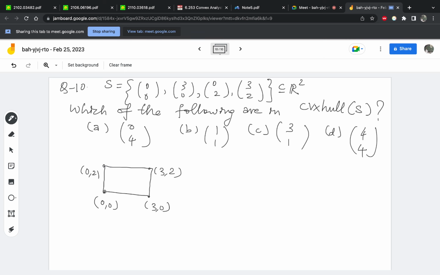So which points will lie within this filled rectangle? B and C, right? Yeah. Even otherwise, you can just take the appropriate combination for that. Even there you can see the same.